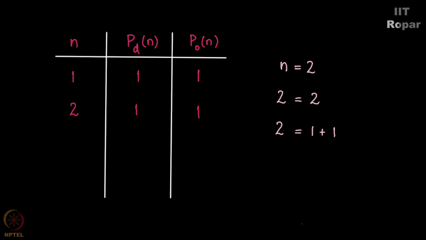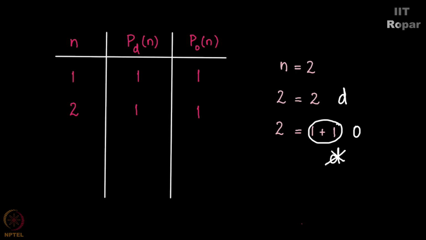So this was the distinct one and this was the odd one. I cannot consider 1 plus 1 to be a distinct one because it is not distinct. It comes under odd and not distinct. You have one distinct partition and one odd partition here for n equals 2.